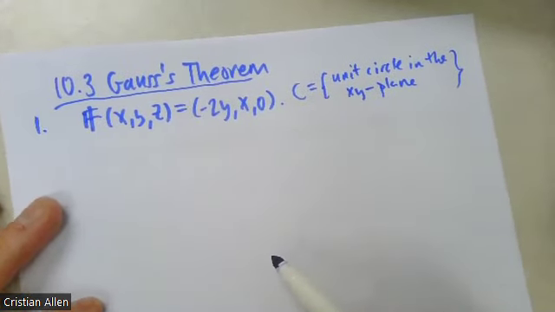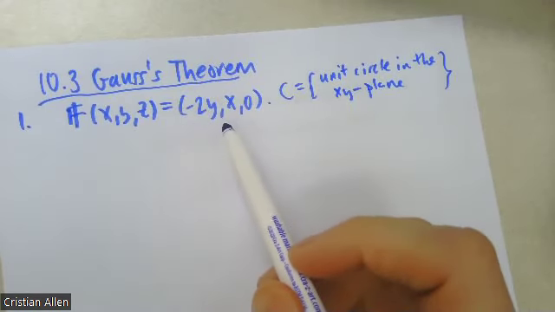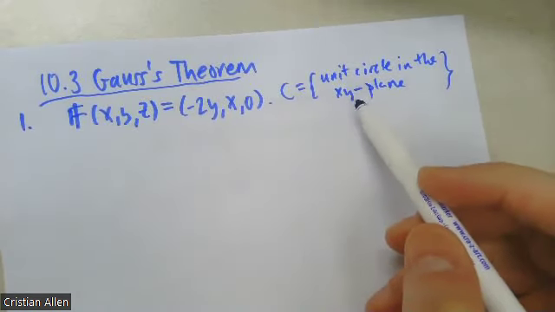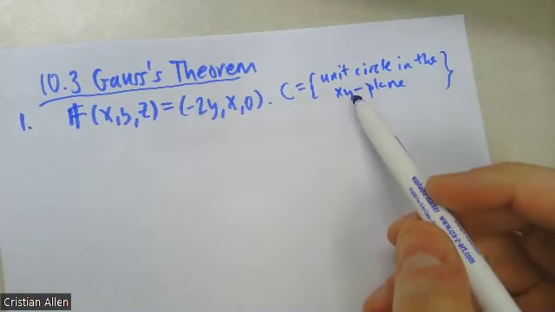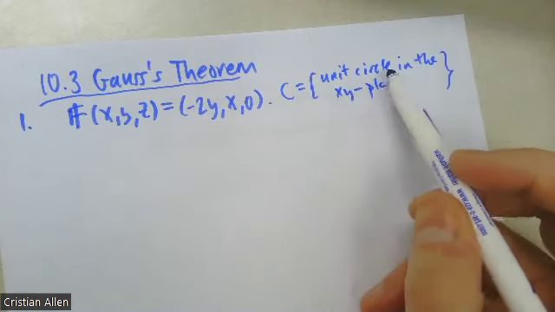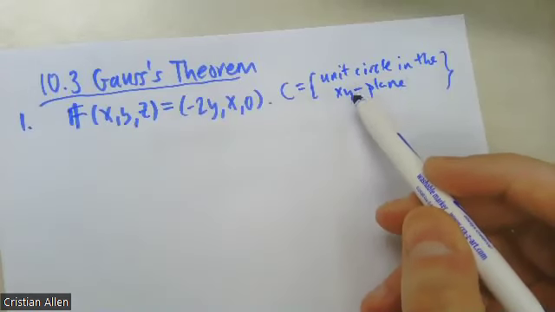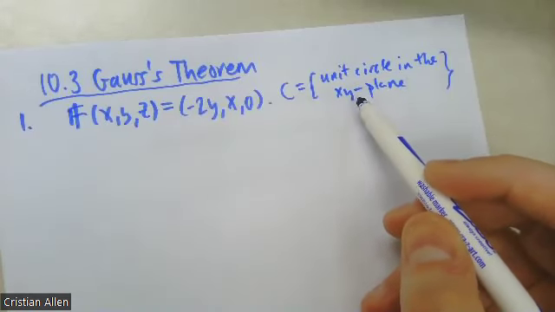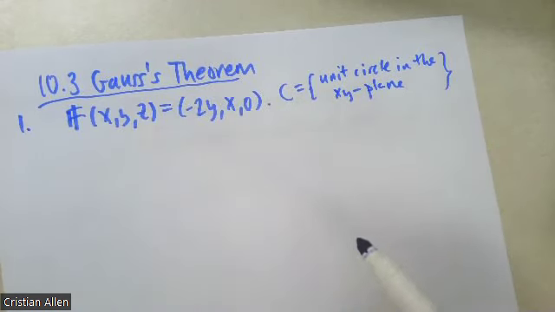So we're going to do this example of Gauss's theorem here, where you have a vector field and a particular area in R3 space, the unit circle in the XY plane. So it's a two-dimensional object or surface in that R3, and we're going to apply Gauss's theorem to this.